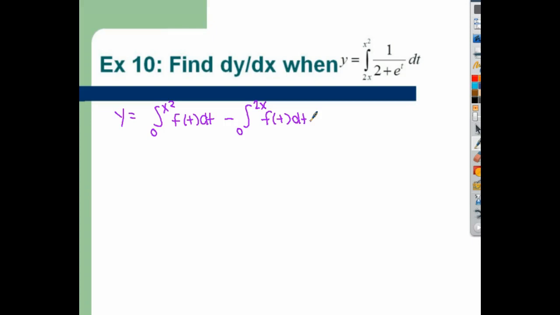So if you have a variable to a variable, you have to break it up so that the lower bounds are zeroed. Now you just apply FTC. So remember, all you do is take this and plug it in. So it becomes 1 over 2 plus e to the x squared times the derivative of x squared, minus 1 over 2 plus e to the 2x times the derivative of 2x, which is 2.